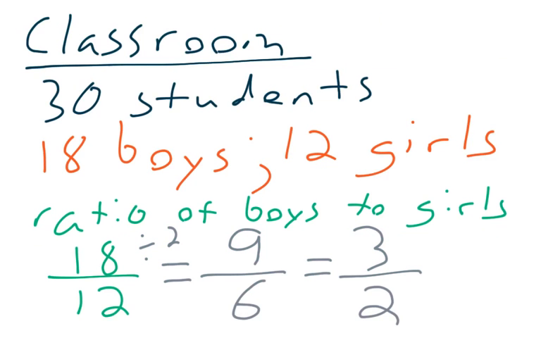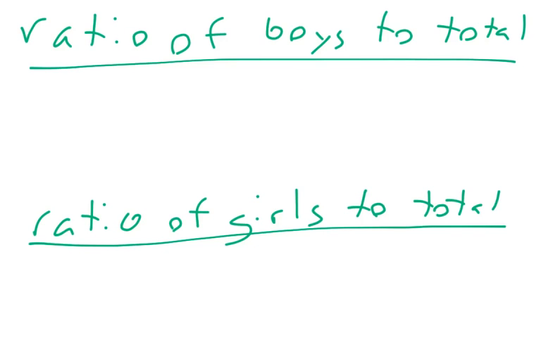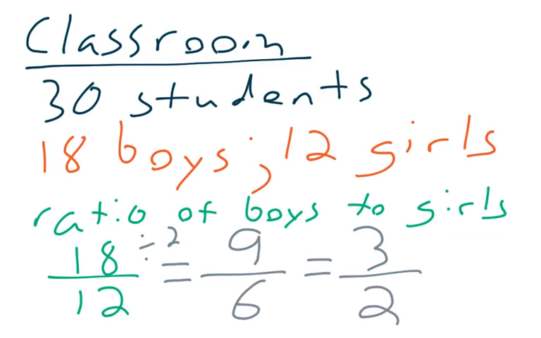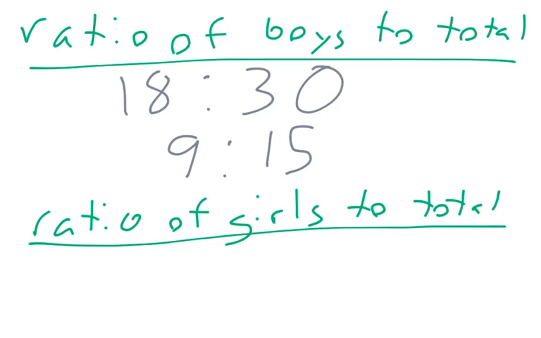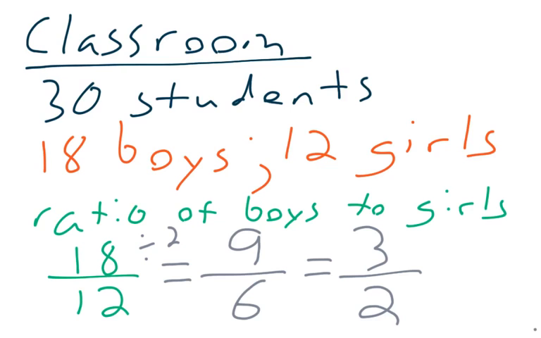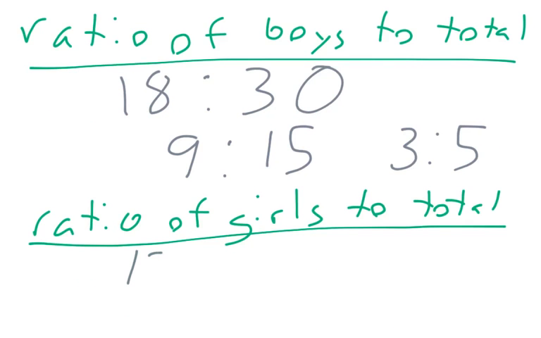Now, if I wanted to know the ratio of boys to the total, so there's 18 boys to 30 total students. And again, this breaks down. So it can go 9 to 15. That breaks down even further to 3 to 5. Now, the ratio of girls to total is 12 to 30.